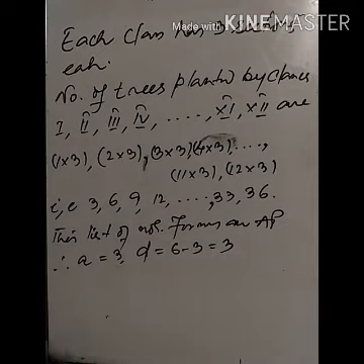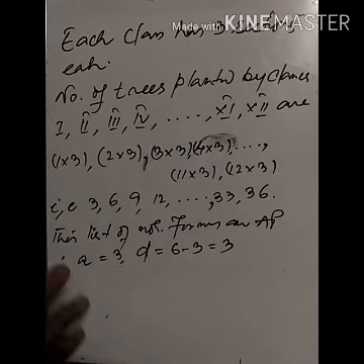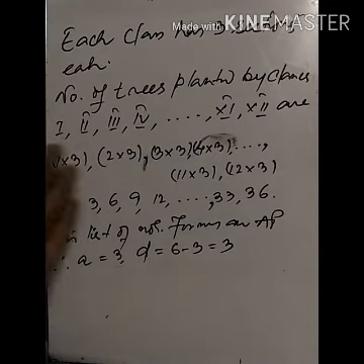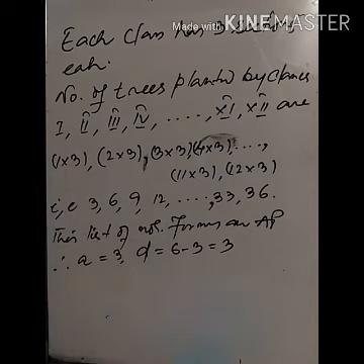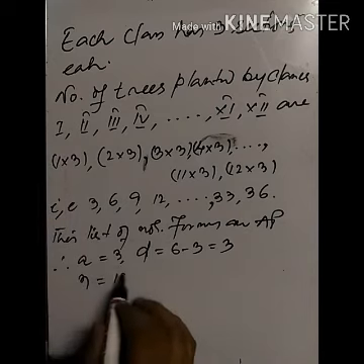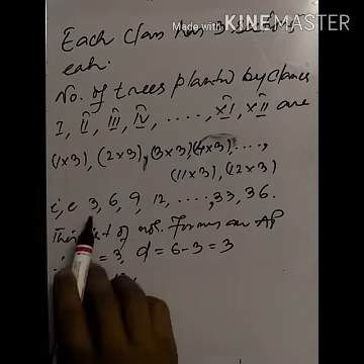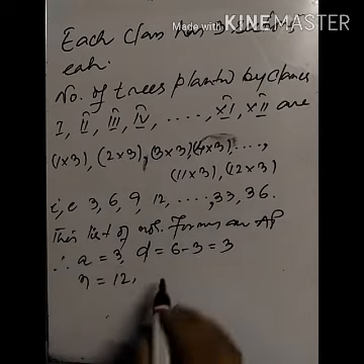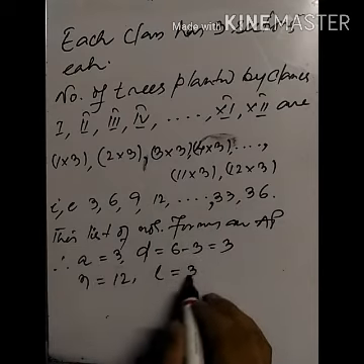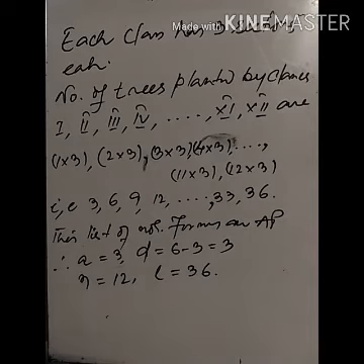We can find it very easily. We have 12 classes actually, class 1, 2, 3 till 12. That means n will be 12. And for this AP, what is the last term here? 36. So l is 36. So now we have to find the value of S12.